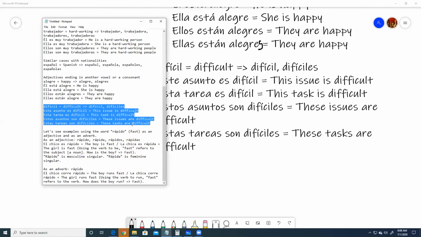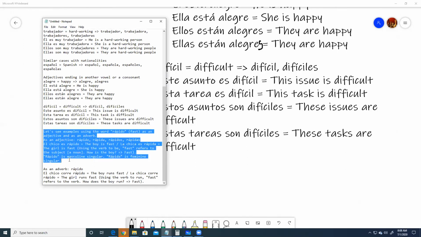Okay. Now, let's see what happens when we have a word that can be an adverb or an adjective, depending on the context.